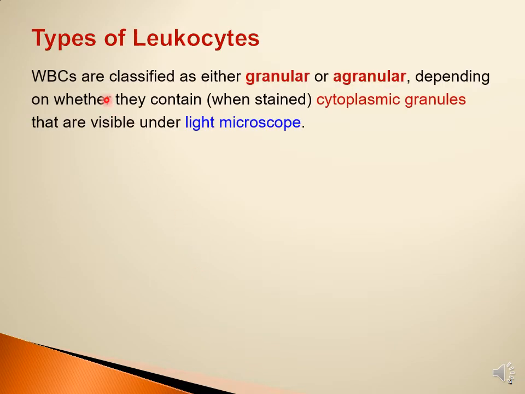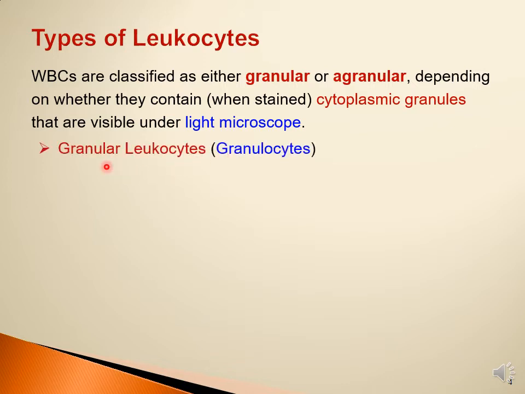So white blood cells are classified as either granular or agranular, depending on whether they contain, when stained with specific stains or dyes, cytoplasmic granules that are visible under the light microscope. And be careful, it is under the light microscope, because under the electron microscope all different types of white blood cells have granules. But under the light microscope with a special stain, some leukocytes show granules, others do not.